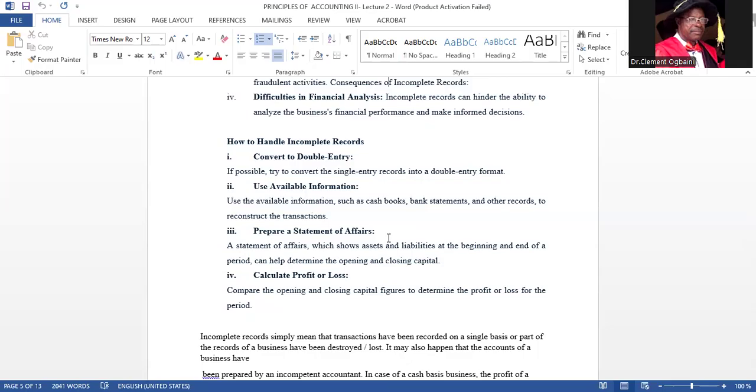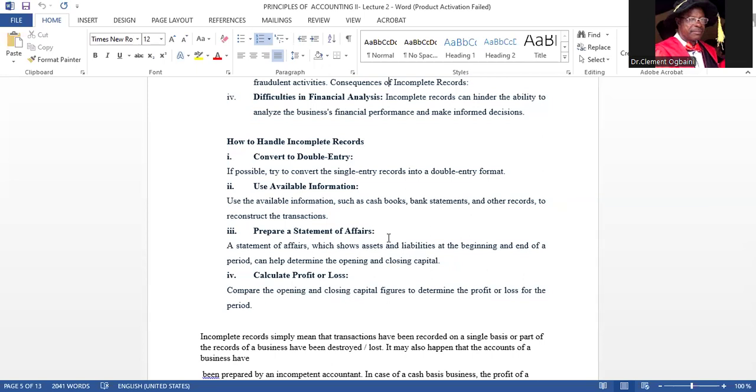Another way is that if the information is incomplete, you use the available information in the cash book, in the bank statement, and other records, because the bank statement can give you a story of how the company was making lodgements and withdrawals, and any charges made.